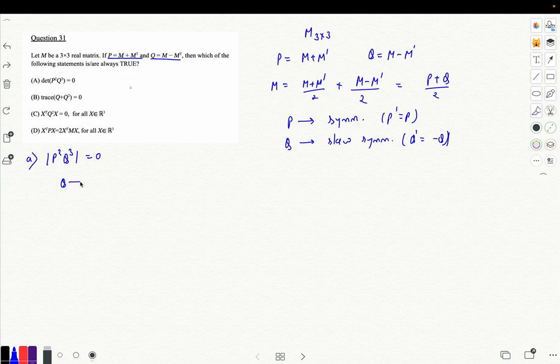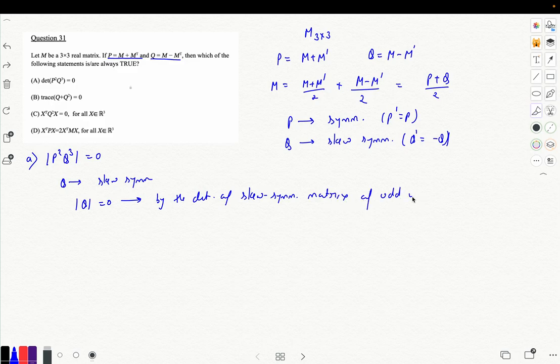Q is my skew symmetric matrix, so the determinant of Q would be 0, because the determinant of a skew symmetric matrix of odd order is always 0. So this is going to be 0.